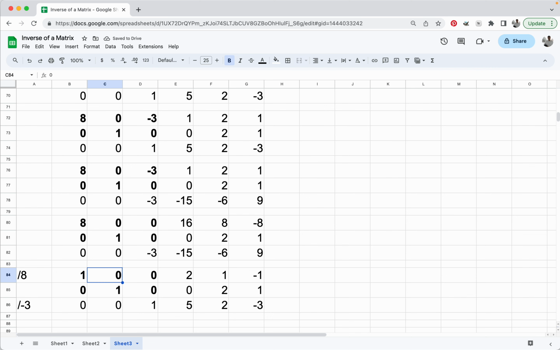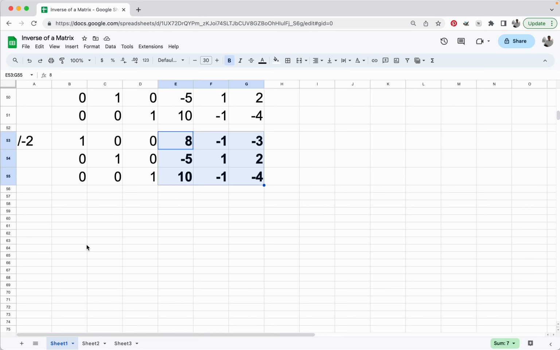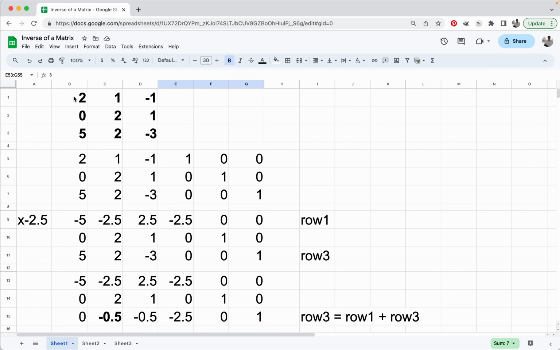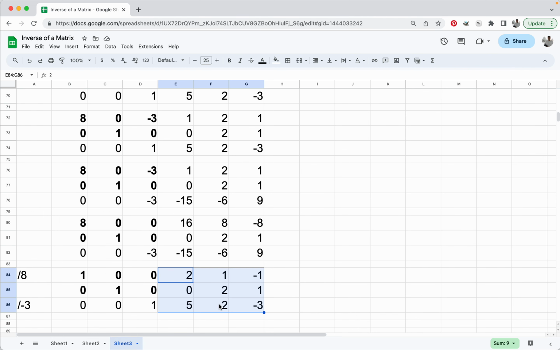Alright, so now I converted these 9 elements to unit matrix form. This will be the inverse of the given matrix: 2, 1, minus 1, 0, 2, 1, 5, 2, minus 3. Let's verify this answer. This is correct, okay?